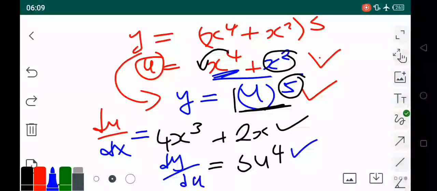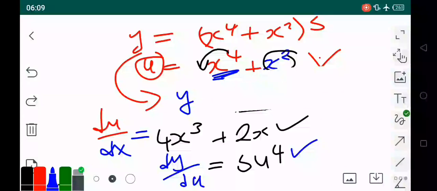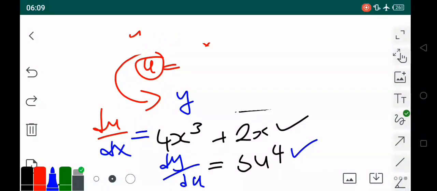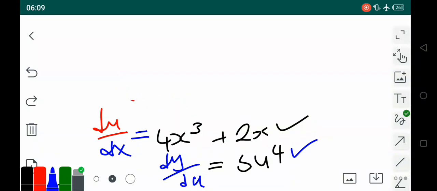So what's going to happen is that I can now embed these two. So the derivative dy over dx is simply the idea of putting them together.